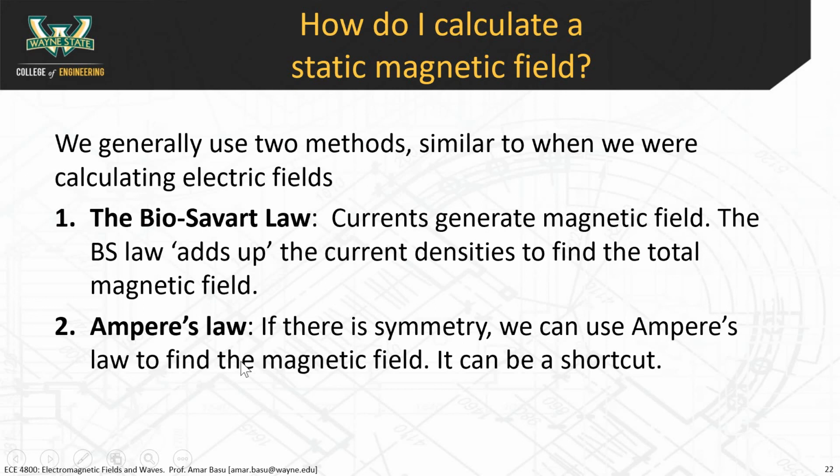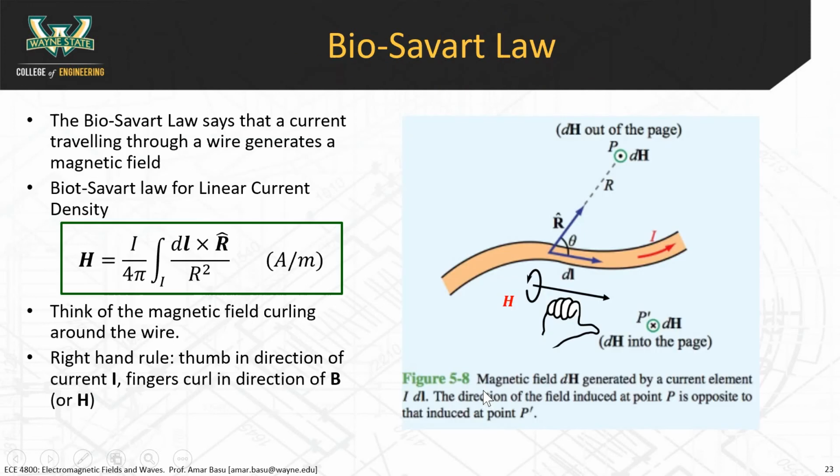Ampere's law is a shortcut you can use. The Biot-Savart law takes integration and a lot of work to do these problems, as you'll see. Ampere's law is a shortcut if there's symmetry in the problem: you can use Ampere's law by drawing an Amperian contour to find the magnetic field, and we will talk about that.